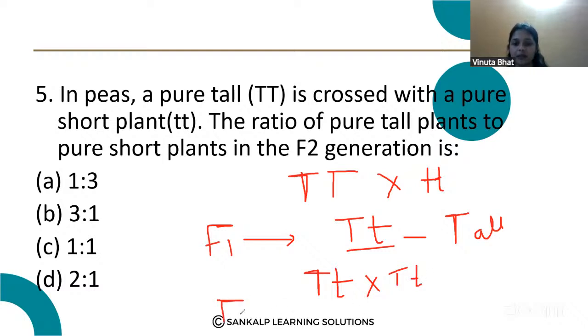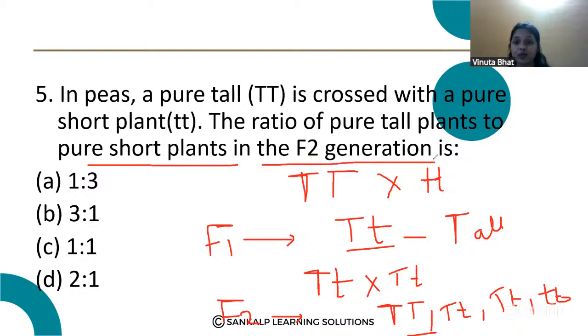We get the F2 generation: capital T capital T, capital T small t, capital T small t, and small t small t. Of 4 plants, 3 were tall, but 1 plant is dwarf. But here, what is the question? The ratio of pure tall plants to pure short plants in the F2 generation. Pure tall plant, that is 1.